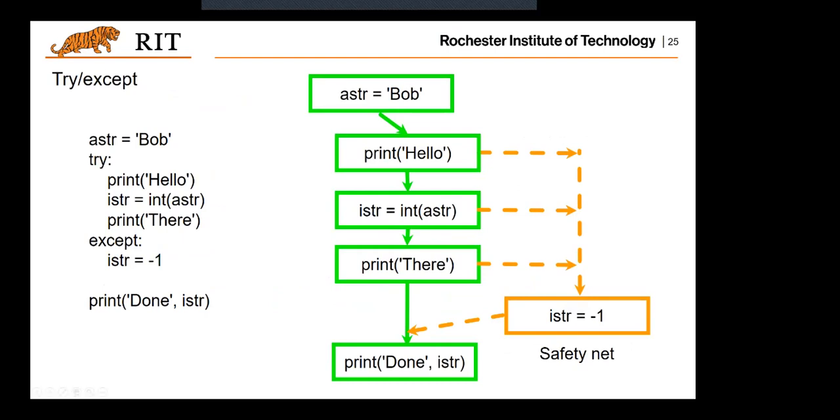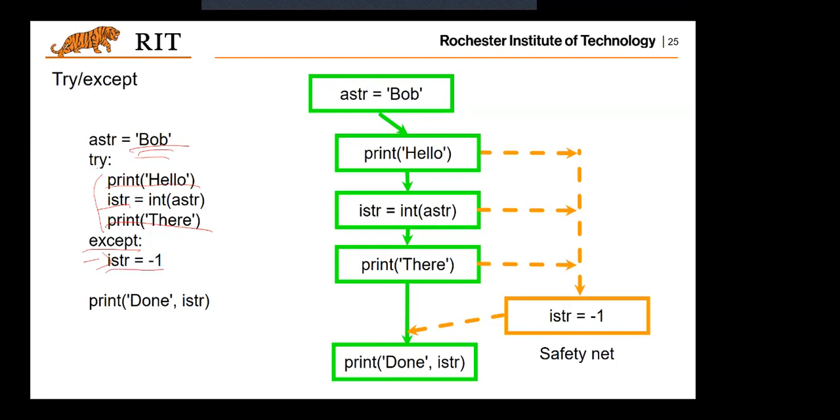So if we have this block of code and we have a variable assigned to be the string Bob, right? And then we have this try except setup. First print hello and convert this variable to be an integer and print it. Otherwise, if there's something wrong inside the try, then execute the one under the except.